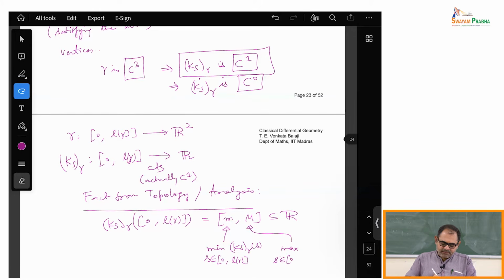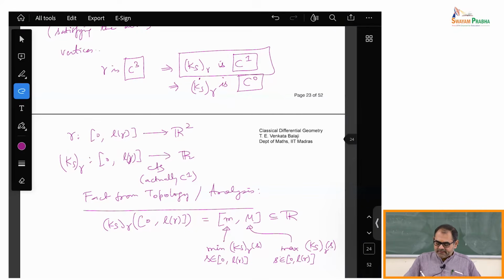This is a rather deep fact, that a continuous function on a closed bounded interval will attain a global maximum and a global minimum.